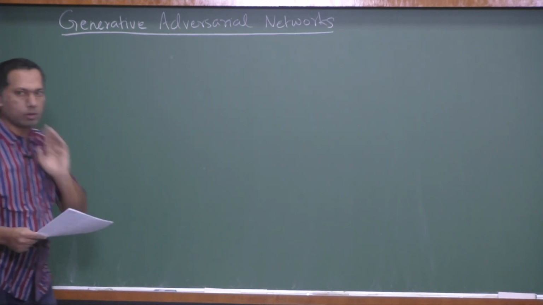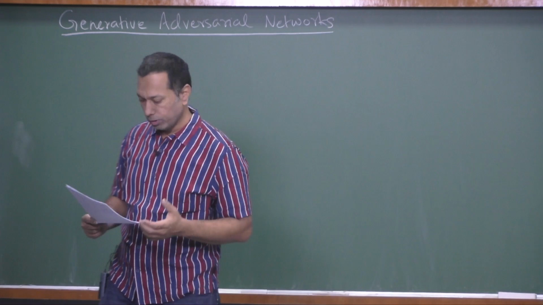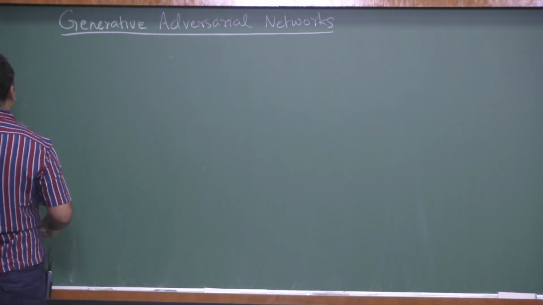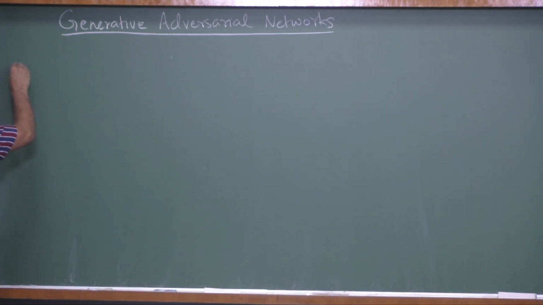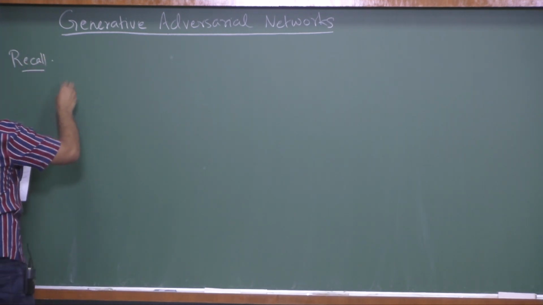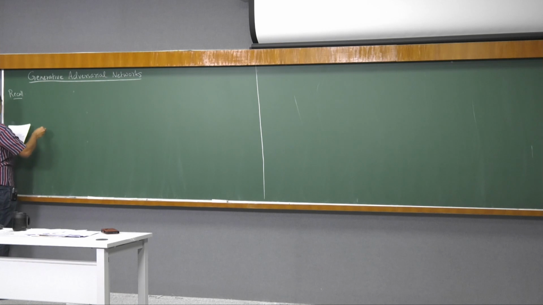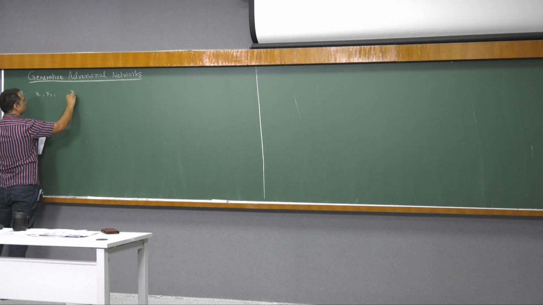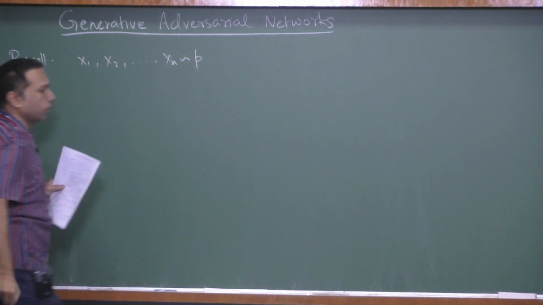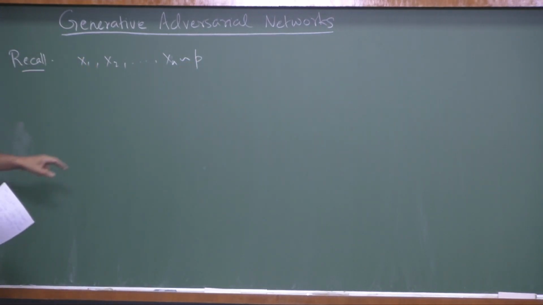So let us recall what it means by generative modeling. In generative modeling, what we want to do is, given a set of samples, let us say x1 to xn, that follow an underlying distribution given by p.